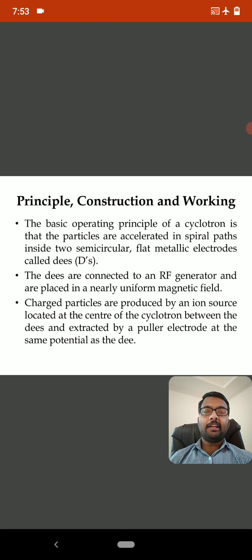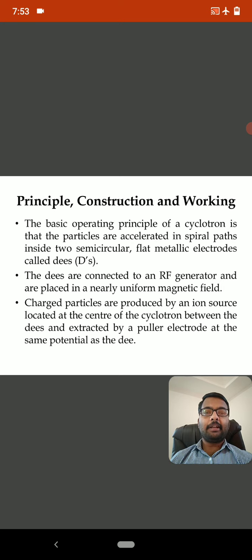Then the Ds are connected to an RF generator, that is a radio frequency generator. It is used to generate the rapidly varying electric field so that we can accelerate the charged particles. The Ds are connected to a radio frequency generator and are placed in a nearly uniform magnetic field.